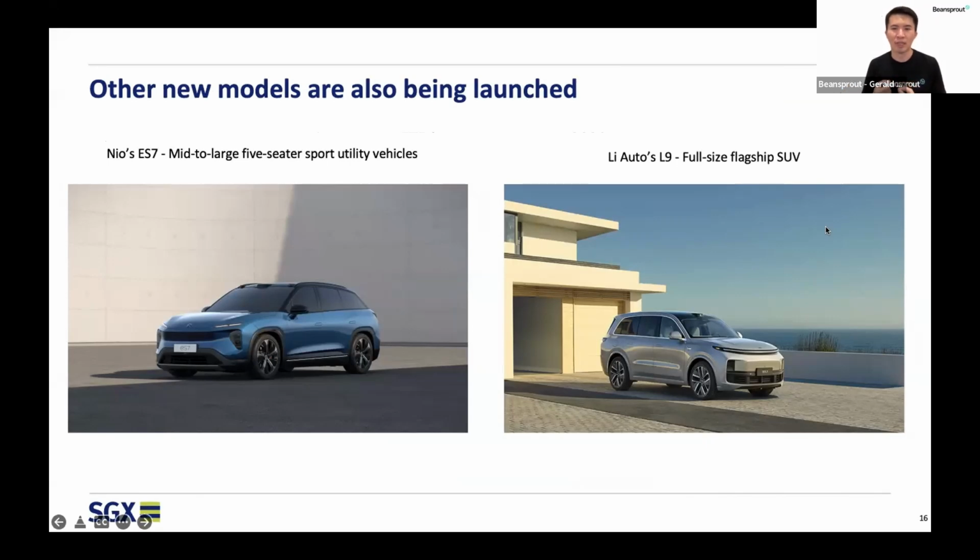That has also led to very high anticipation because it is a new model for them, and they consider this to be a flagship product. So what a lot of investors are looking out for is how these new models perform and whether that will help to drive a new leg of growth for the Chinese EV makers. That is what we'll be looking out very carefully for as well, to see whether that can be a catalyst for the Chinese EV stocks.